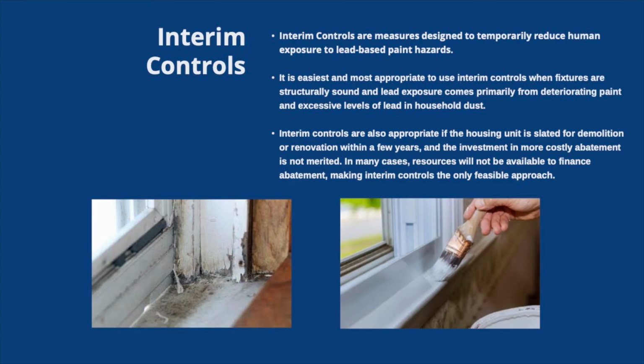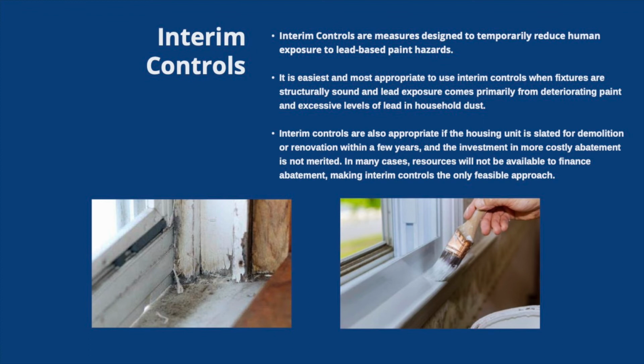I wanted to move into what these two forms of remediation look like. Firstly, we have interim controls. Interim controls are measures that are designed to temporarily reduce any human exposure to lead-based paint hazards. Interim controls are easiest and very appropriate to do when fixtures overall in the building are structurally sound, and really that main exposure is just deteriorated, aged paint or excessive levels of dust.